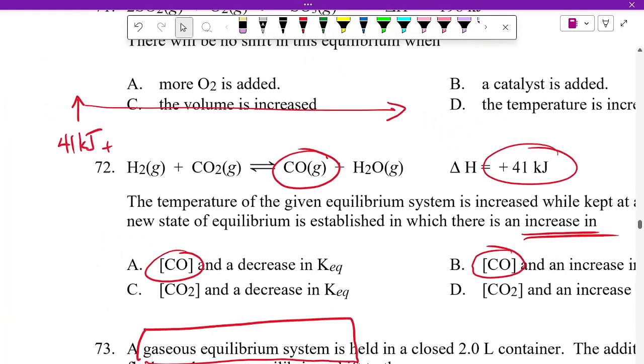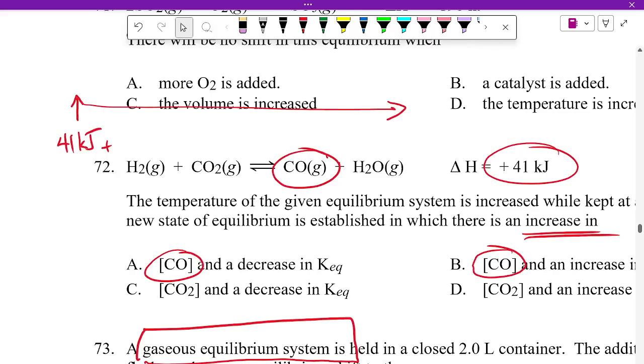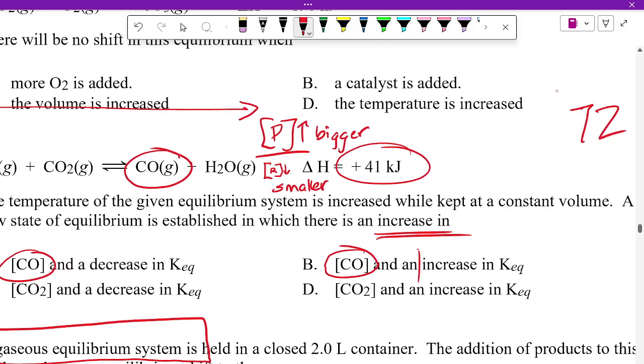Well, we have shifted from reactants to products. So the concentration of products goes up, concentration of reactants goes down. So we have a bigger number up here and a smaller number down here. So KEQ is going to get bigger. So that's going to be an increase in the KEQ.